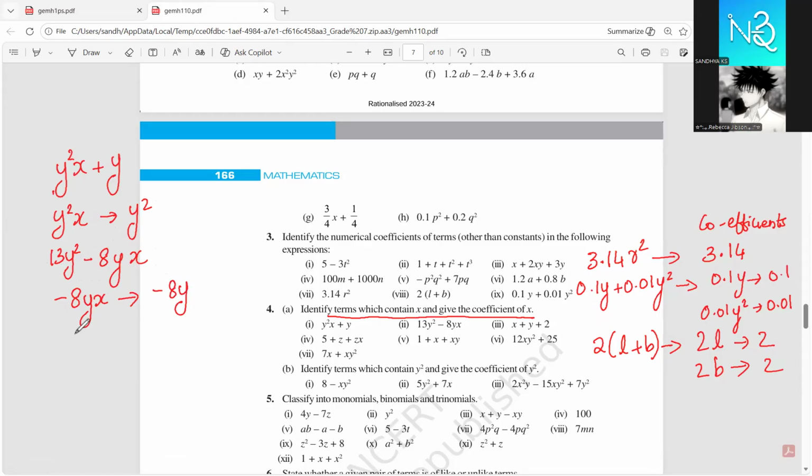Now 12xy squared plus 25. The term is 12xy squared. Coefficient? 12y squared. Very good. Now x plus y plus 2.